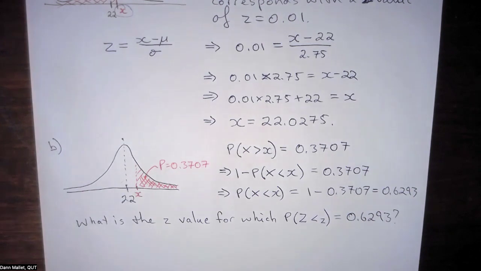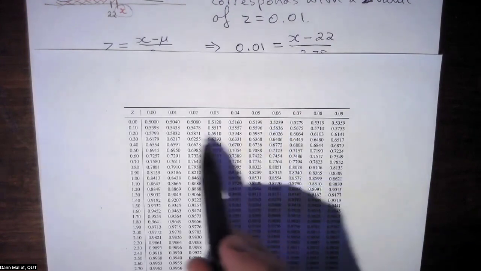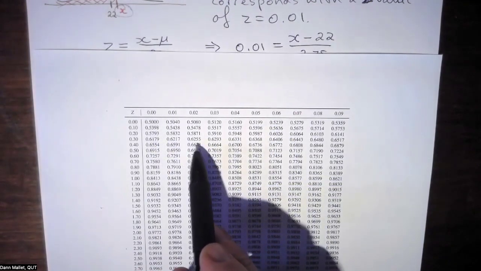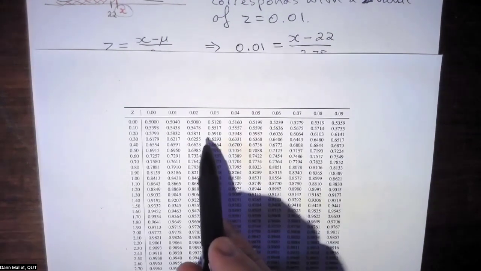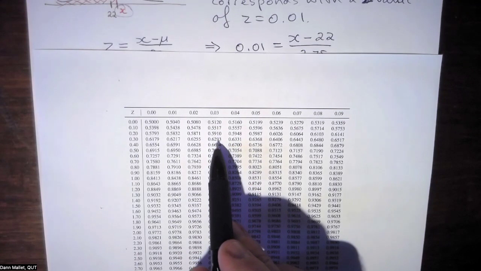To answer that, we go to our cumulative normal distribution table and search in the interior for that value, 0.6293. Looking through the table until we get to about 0.6293, there it is, at the intersection of 0.3 and 0.03. So the z value we're looking at is 0.33.